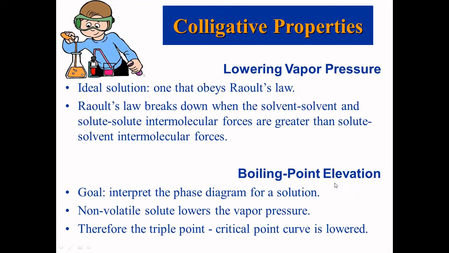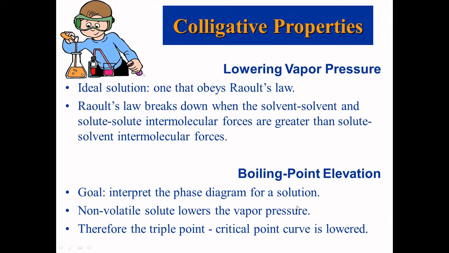Why will it take more time, or a higher temperature, for your solution to boil? It's because its vapor pressure was lowered. So I'm trying to emphasize here the connection between vapor pressure and boiling point. Lowering the vapor pressure increases the boiling point.